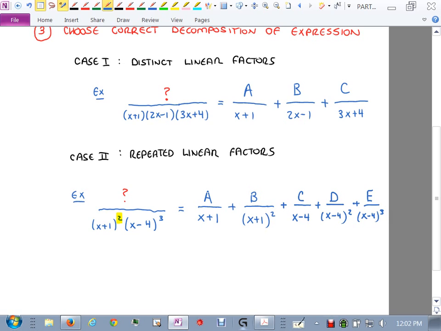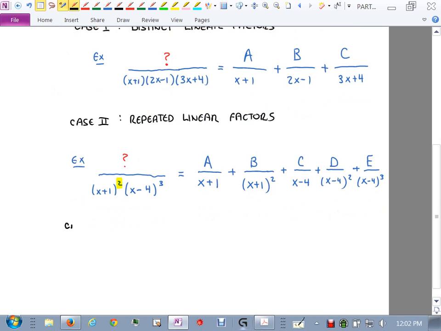All right, so that's case 2. Case 3 is, what do you do if you have an irreducible quadratic factor?